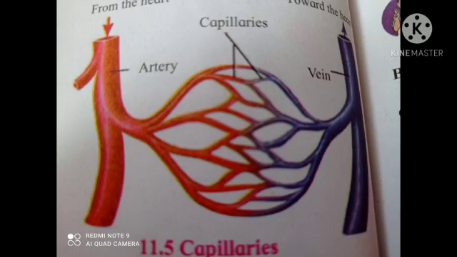Now we will see capillaries. Arteries keep on branching out to form their branches and sub-branches, ultimately forming capillaries. Capillaries in turn join to form veins. Capillaries are fine hair-like vessels with extremely thin single-celled layered walls.